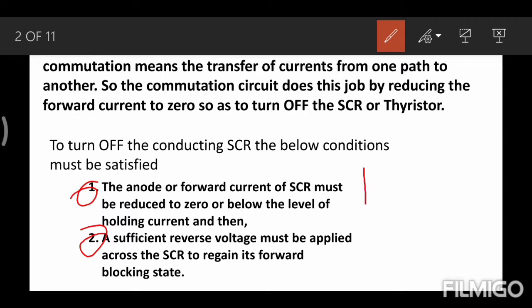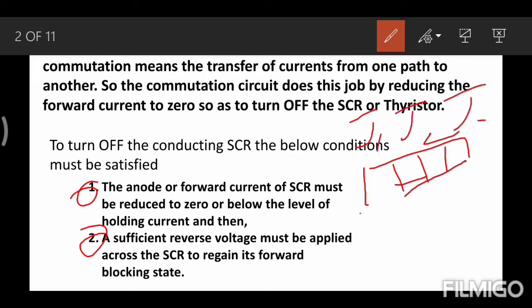So let us see here, there are in total 3 junctions, that is J1, J2 and J3. What we do in the turn-on process is, by using gate voltage, we convert J2 into conduction mode.